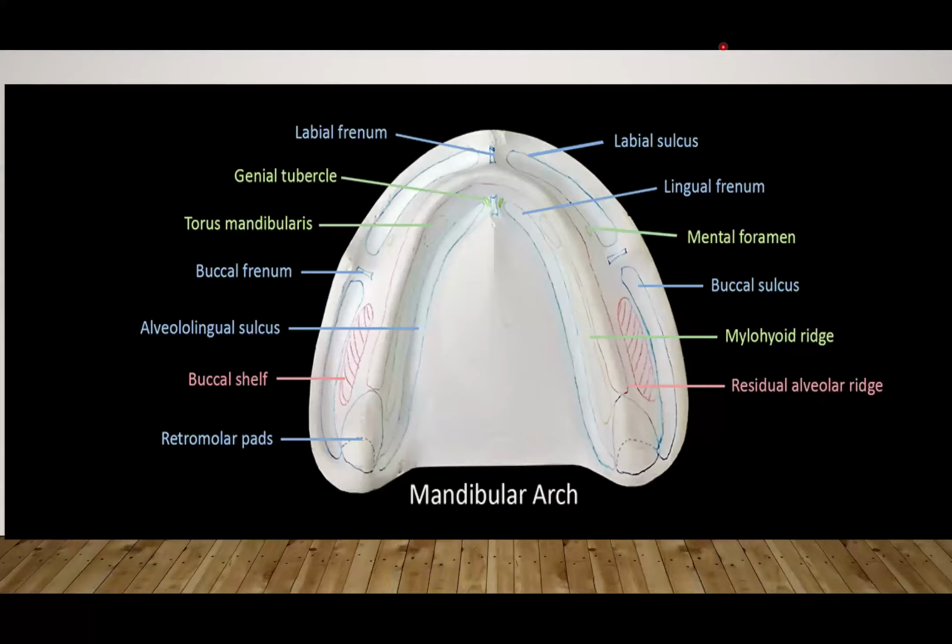And as we all know, the main stress-bearing area will be your buccal shelf area and residual alveolar ridge. Why is the buccal shelf area mainly your stress-bearing area? In your maxillary complete denture, the posterolateral slopes of the hard palate are perpendicular to your occlusal plane, which means the occlusal forces will be perpendicular to that region, so the forces get easily transmitted.